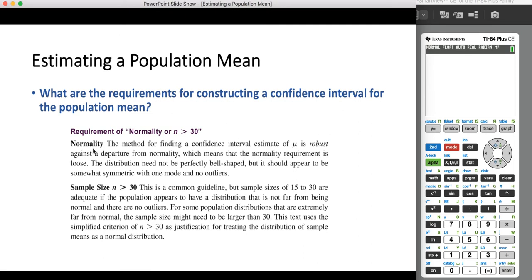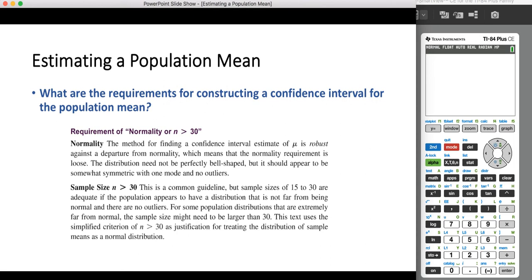Now, what if the data is not normally distributed? If the data does not have that normal shape, but we have enough data, which for this text and our class means a sample size greater than 30, then we can construct a confidence interval.